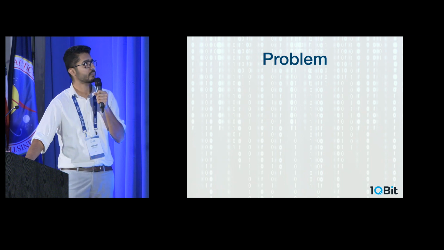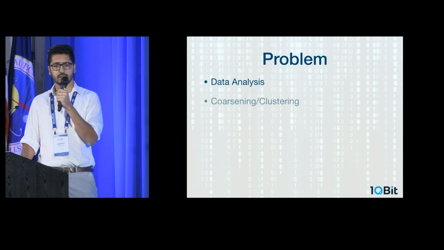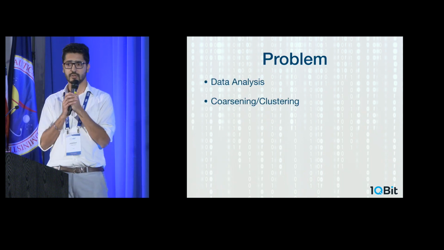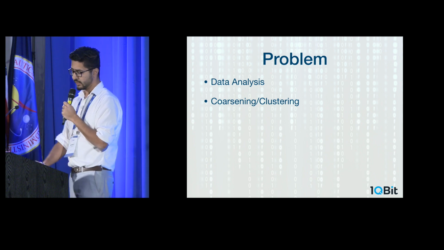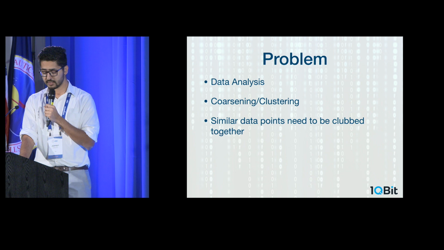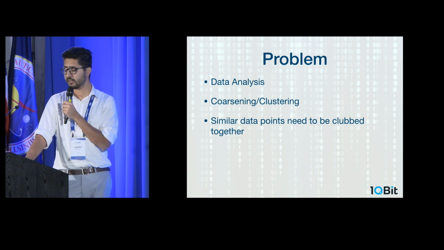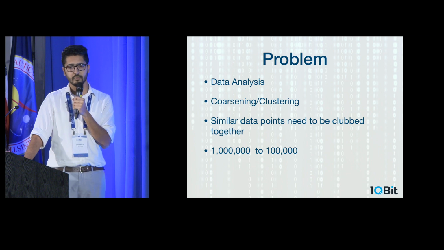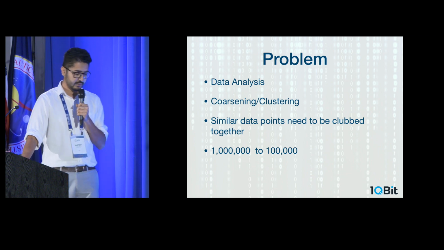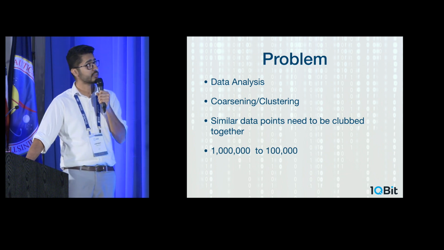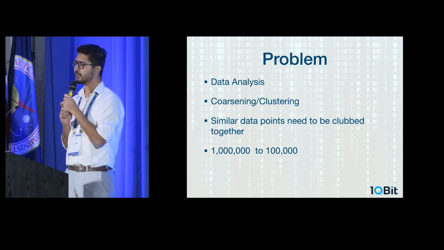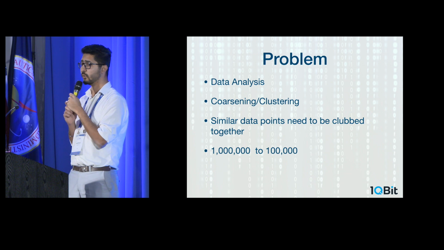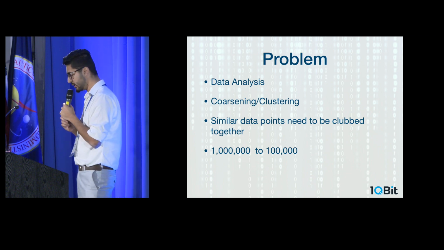So what is the problem at hand? The problem at hand is basically a data analysis problem. You can call it a coarsening or a clustering problem. Everybody knows what clustering is. You have to find similar data points and club them together. But how this is different from what the industry has been doing till now is that you are not necessarily looking to bring down 1 million or even more points to 10 or 20 clusters.